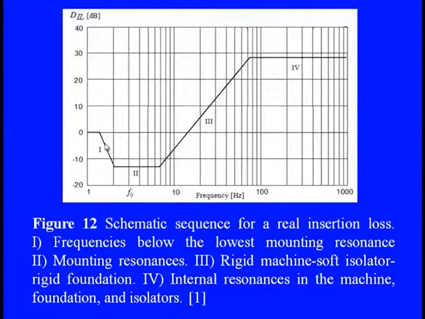Then, when we approach the mounting resonance, there is a stable criterion, and once the rigid foundation starts forming, with the rigid machine on the soft isolator, the insertion losses increase. When they have increased up to a certain level, the internal resonances of the machine with the foundation and isolators come in, and they show their own nature.